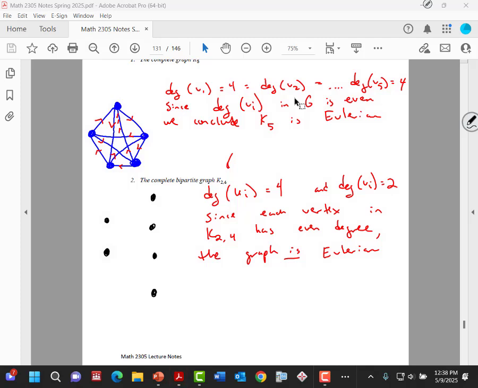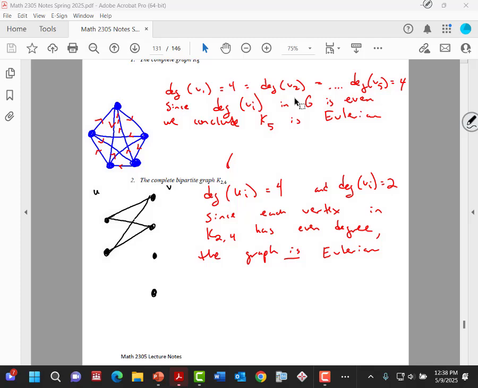Okay, so let's go from, these are the U's and these are the V's. Let's go U1 to V1 and then V1 to U2. We'll go U2 to V2. We'll go V2 back to U1. Notice I can return to the same vertex over here, U1.